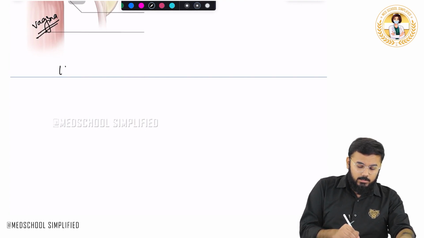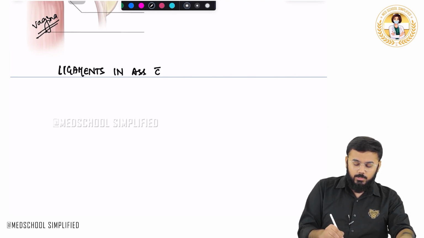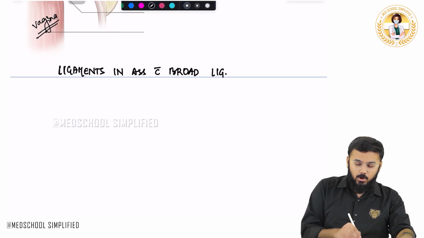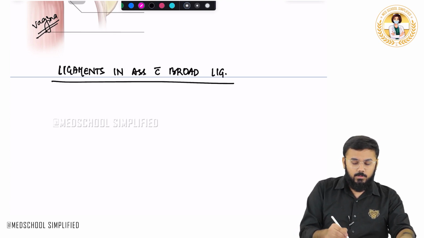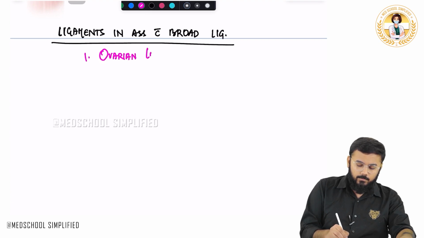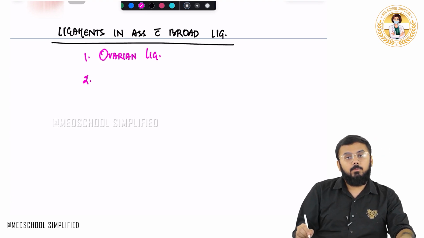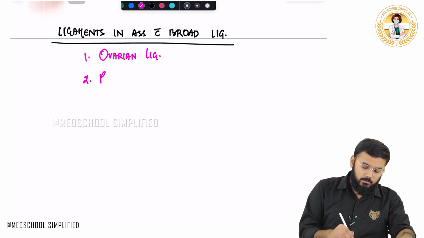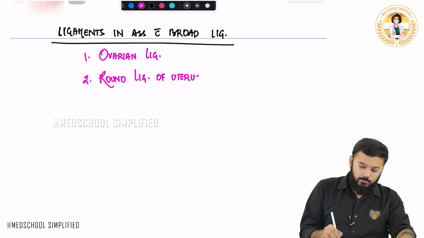So if you write down the list, ligaments in association with the broad ligament. What are the ligaments that are in association with the broad ligament? The first important one is the ovarian ligament, and the second important one is the round ligament of the uterus.